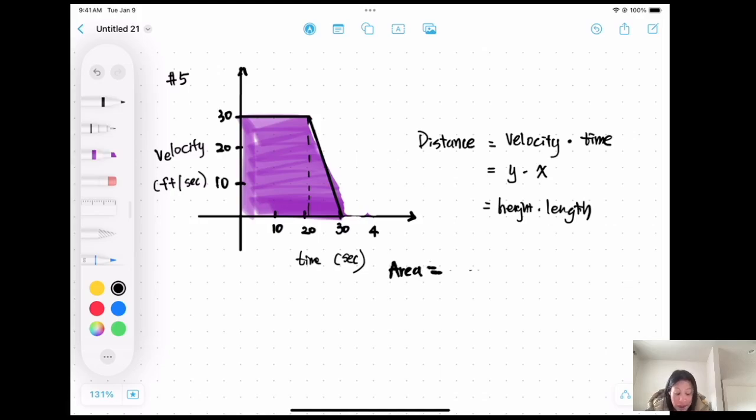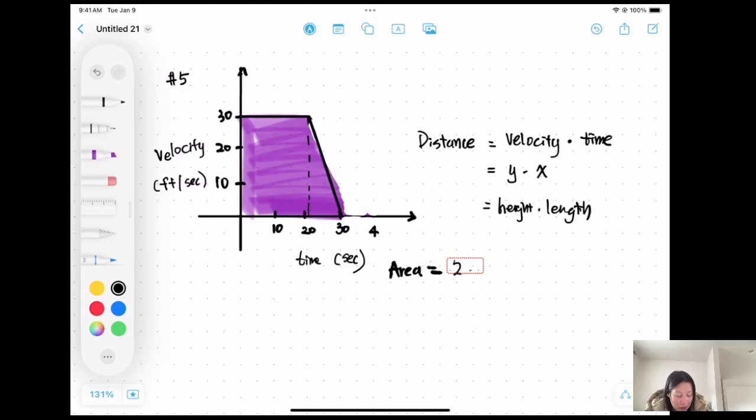Then we will have the distance. Now, the area, we can look at it in two parts. One is the rectangle part from 0 to 20 seconds.